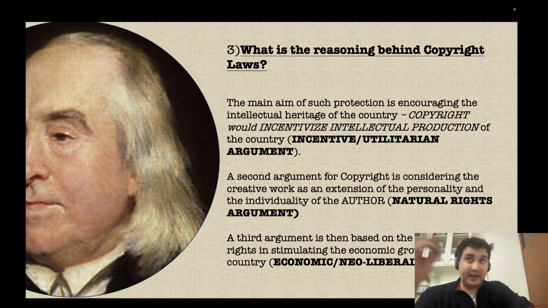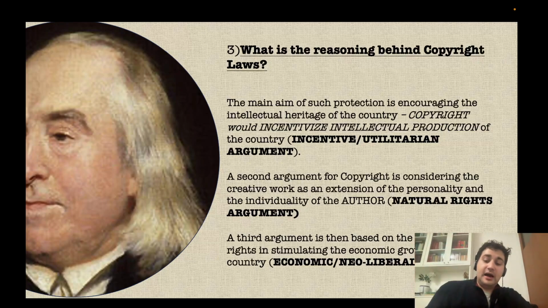This is the line of thought that generated the moral rights, alongside the economic rights of copyright. So you see how much history and theory has generated the shape of copyright as it is today, right? Then there is the third argument, that such IP rights are stimulating the economic growth of any country. This one is the economic or neoliberal argument.